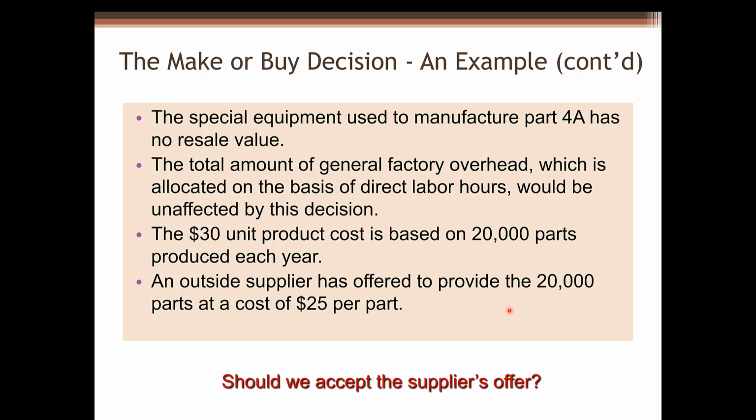An outside supplier has offered to provide 20,000 parts at a cost of $25 per part, which is cheaper than the product cost of the part manufactured by the company.